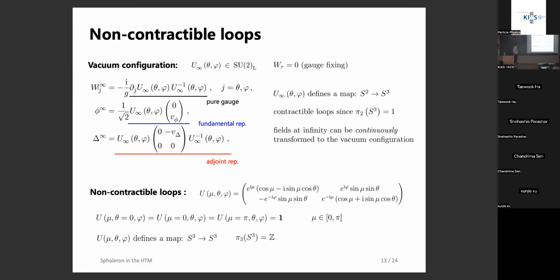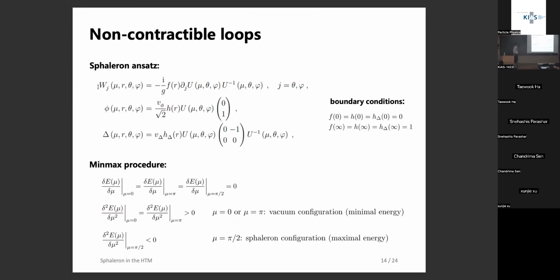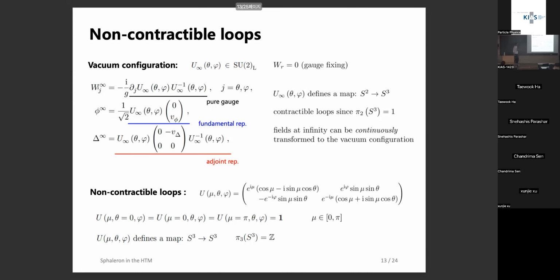Then using the constructed non-contractible loops from this matrix, we can write down the Sphaleron ansatz compared to the vacuum configuration. That is simply to replace this U infinity with this more general U.